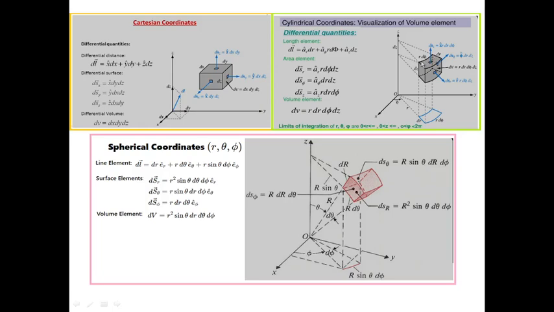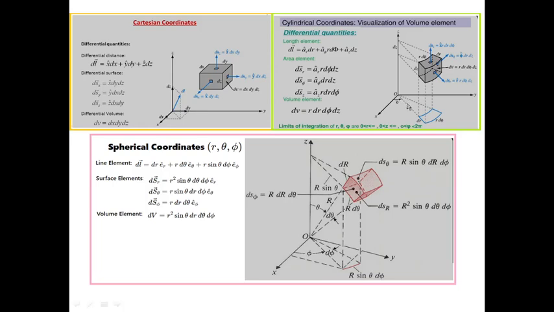r d phi is one of the arms, dr is one of the arms, r d phi and dz. This is dz. Though it is appearing like a curve, when it is very small, we assume this is a straight line. So elemental length will be dl is dr along r hat. r hat means here it is represented by a suffix r, that means unit vector along r direction.